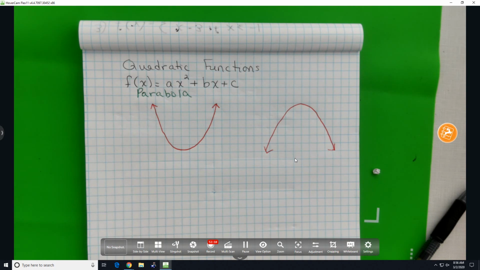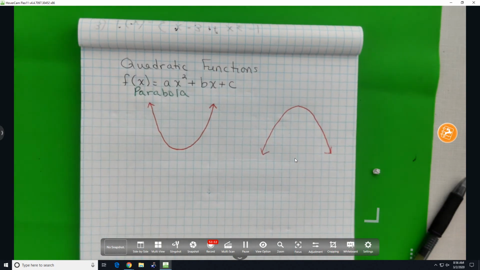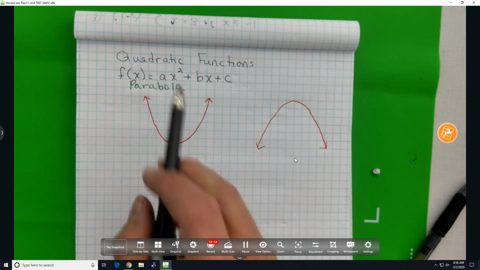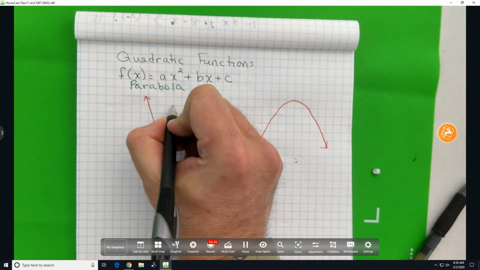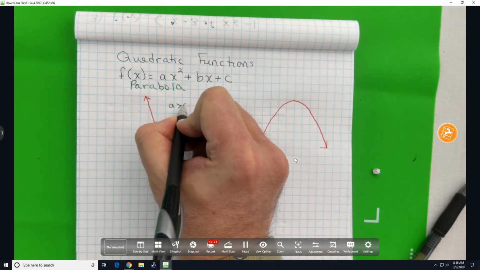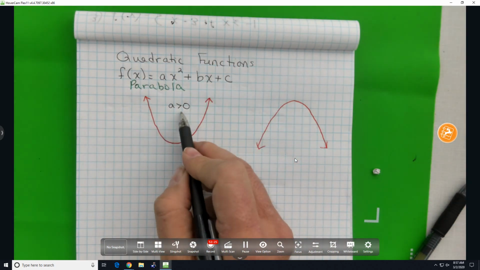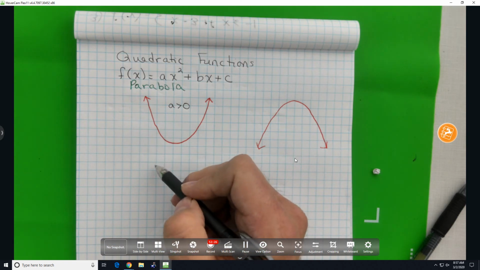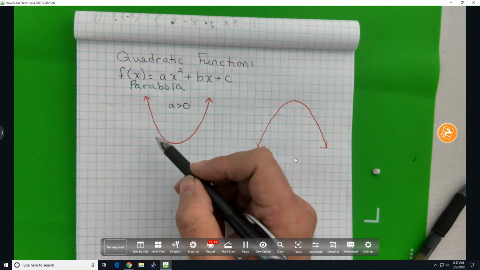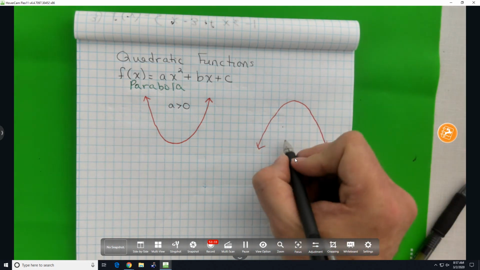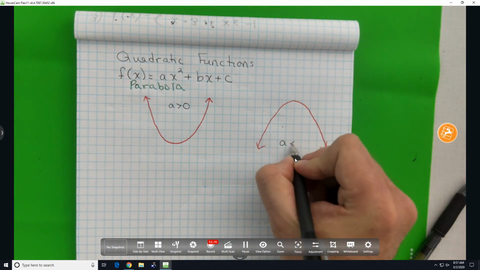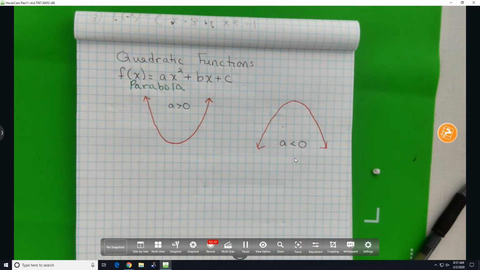Now, you can decide how a parabola opens just by looking at that first number, the coefficient on x squared. If a is a positive number, a greater than 0, that's how we symbolically write positive, then it's going to be opening up. If the number a is negative, it opens down.